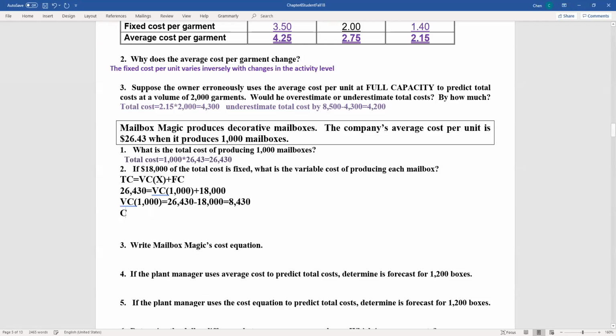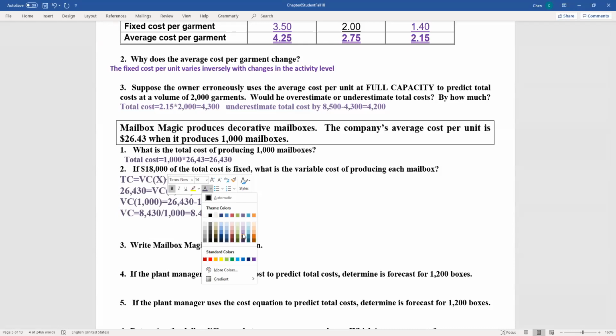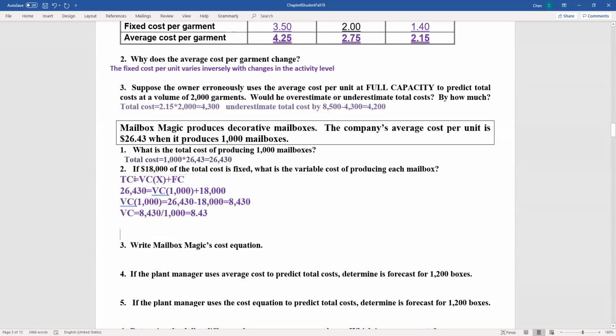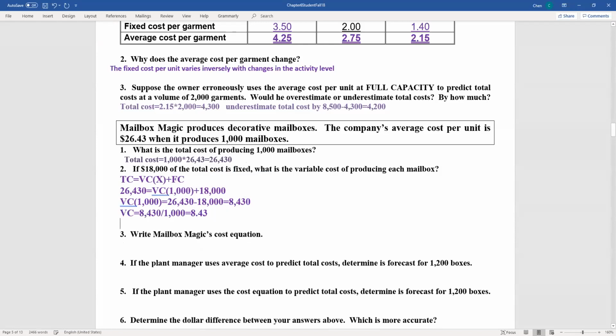And then what is VC? VC will be equal to 8,430 divided by 1,000, and then the answer is 8.43. Okay, so this is our VC. You have to learn to do this function. I always recommend that you write out this function first and then fill in what you have and then you solve what you don't have. Okay.